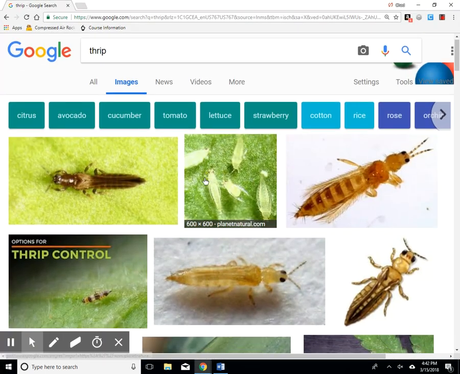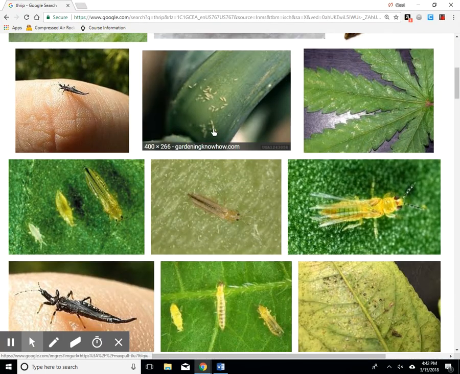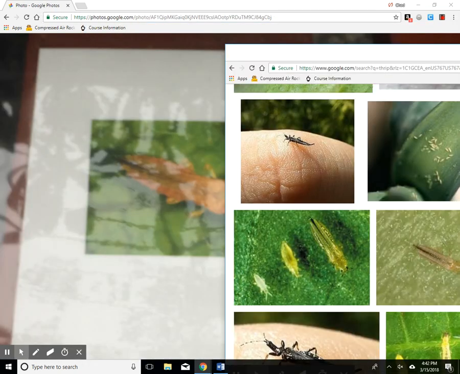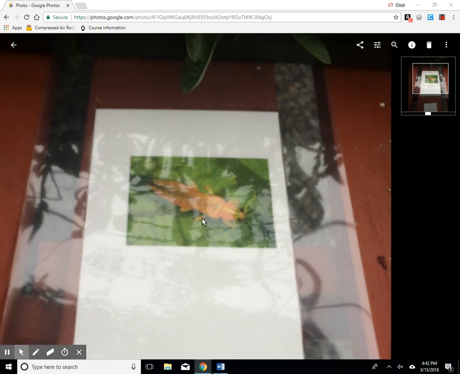What do they do to the plant? Same as the other one, they just suck nutrients out. They're teeny, but just because they're little doesn't mean they can't do a lot of damage.